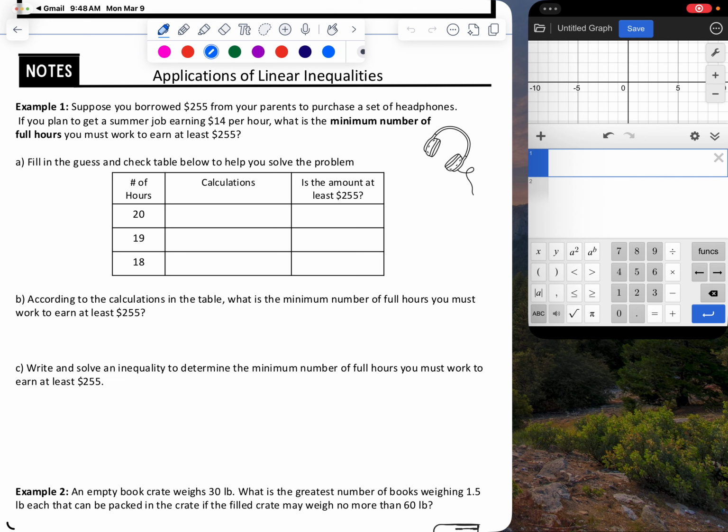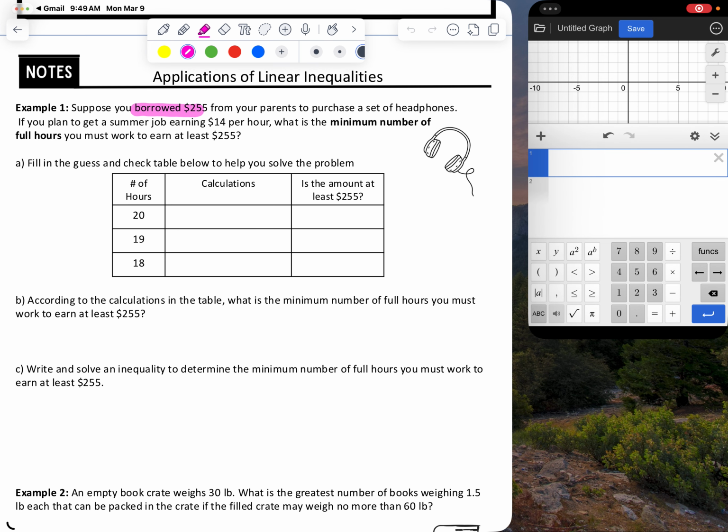So it's important when you're solving a real-world problem to identify your knowns and your unknowns. Now, I'm going to use a highlighter, but you could circle or underline the information as needed. So I'm going to highlight in pink what I do know about this problem. First of all, I know that I borrowed $255.